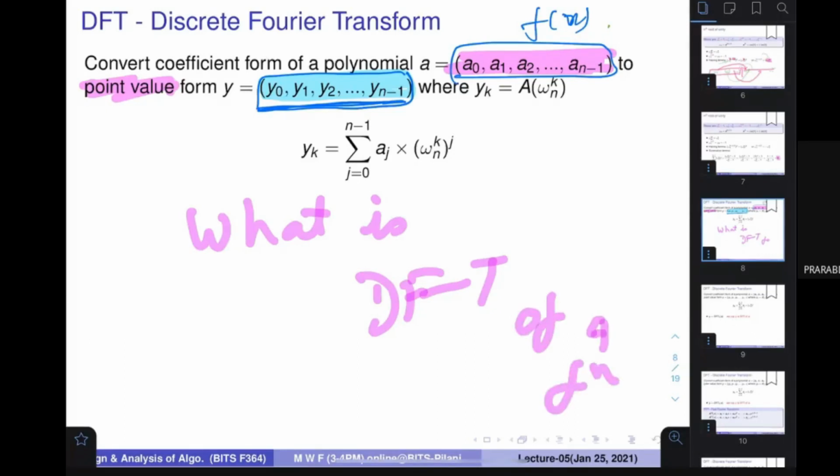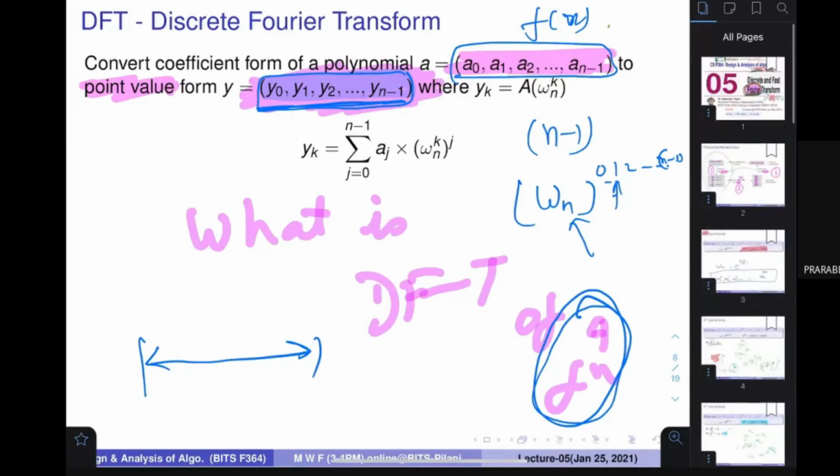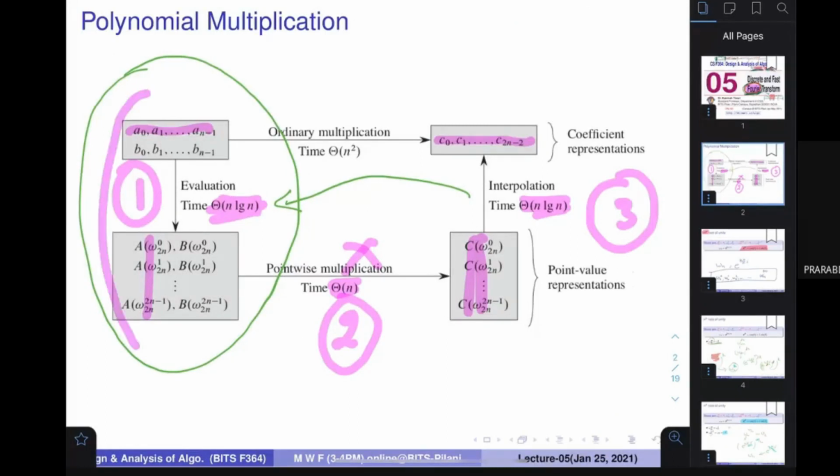If this function has the highest degree term n minus 1, then I would use omega n to the power 0, 1, 2, 3, 4, up to n minus 1, and for each of these terms I would evaluate the value of that particular function, and I would put these as an array. This array would be called the DFT of that particular function. So essentially I have done this. I was talking about this particular part, that I have done this. Make sense? Yes.